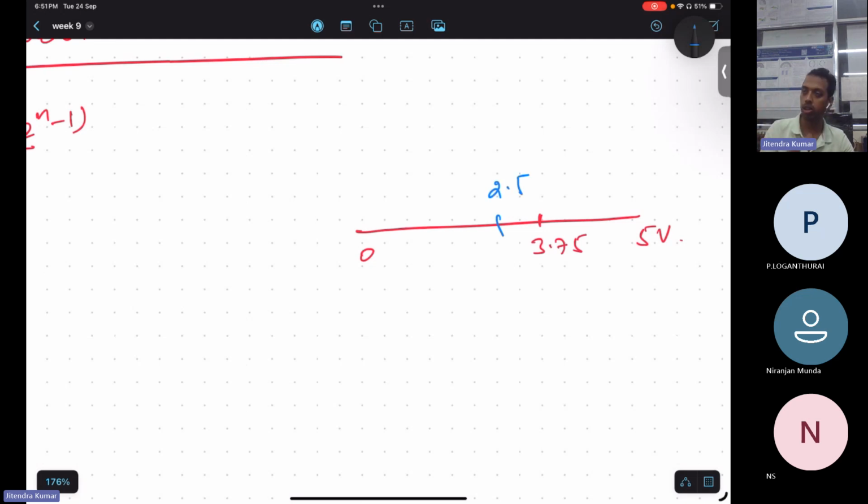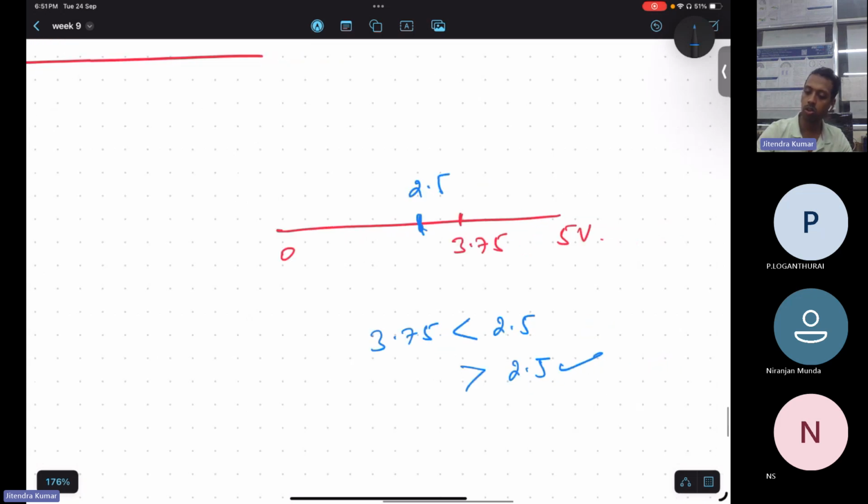It follows the binary search algorithm, which you might have studied in DSA. Now it has to figure out whether 3.75 is higher or lower than 2.5. It sees that it is higher than 2.5.